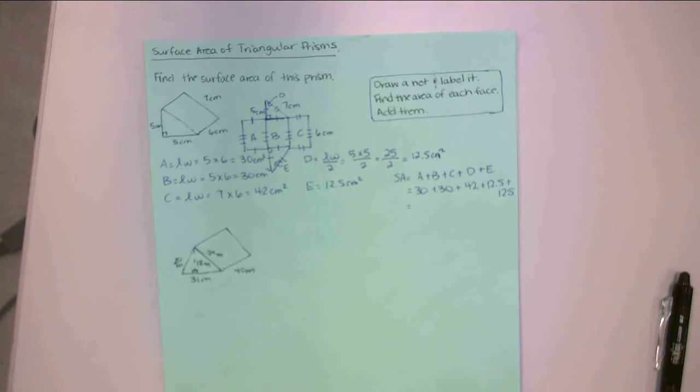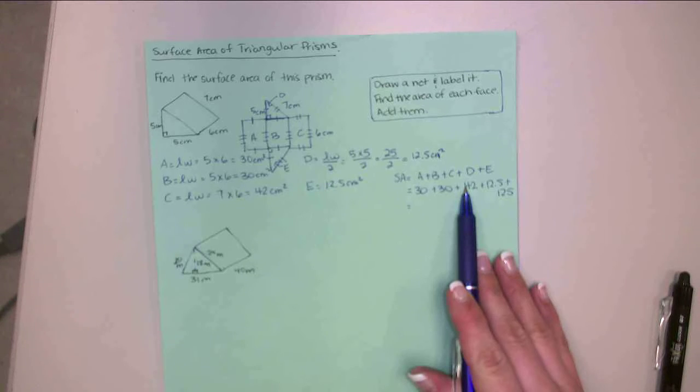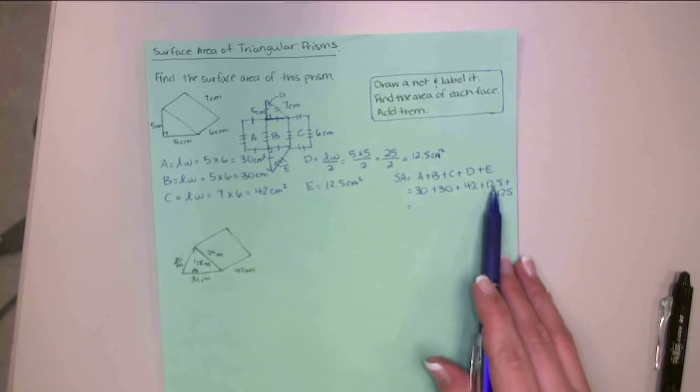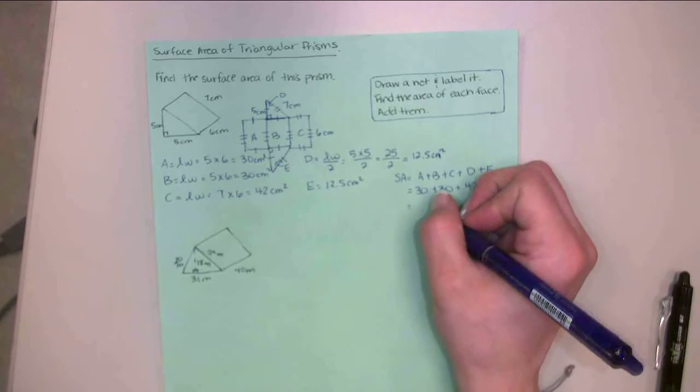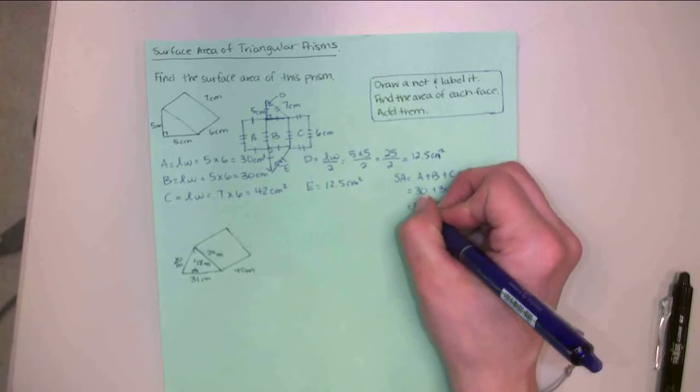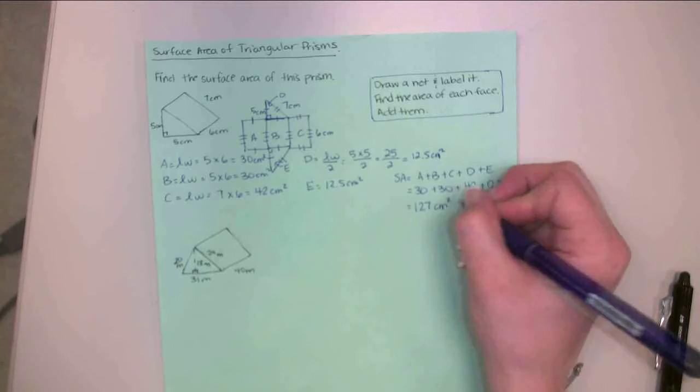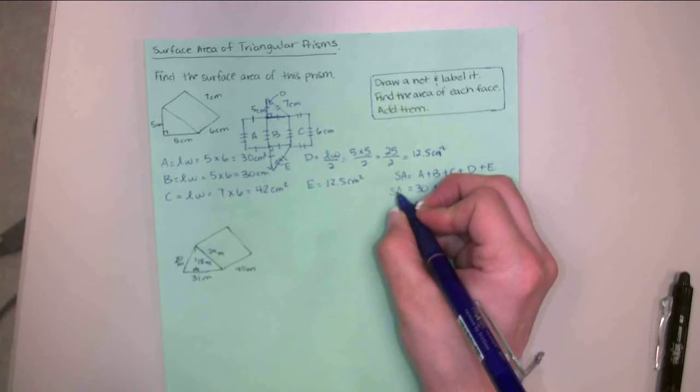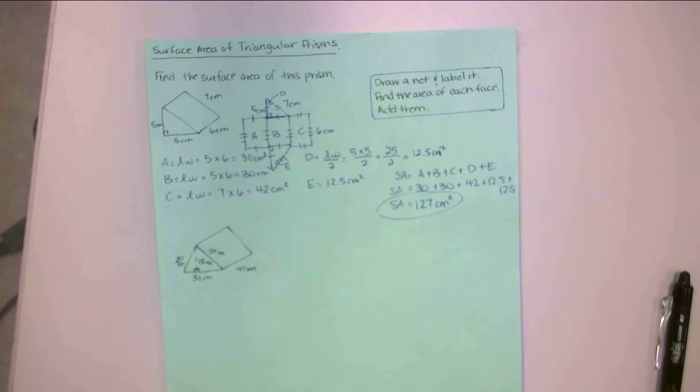So 30 plus 30 is 60, plus the 42 makes 102, and 102 plus 25 is 127. So our surface area here should be approximately 127. So draw your net, because it'll be easy to identify which face is which, and then you will add all your pieces together.